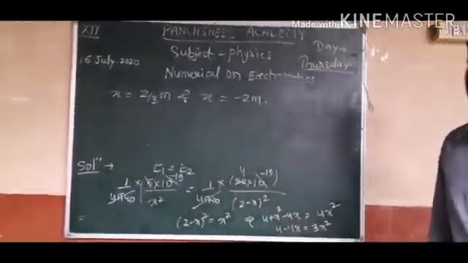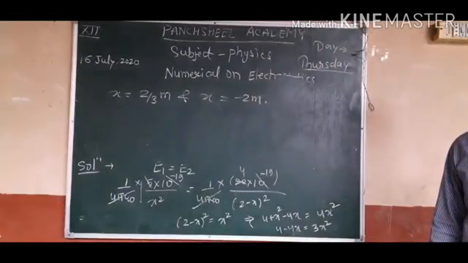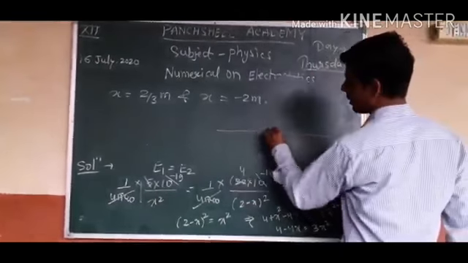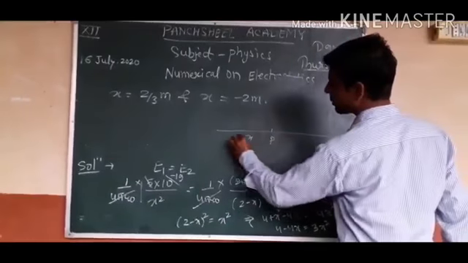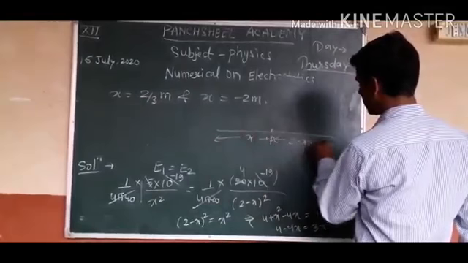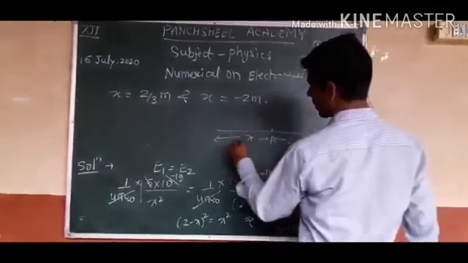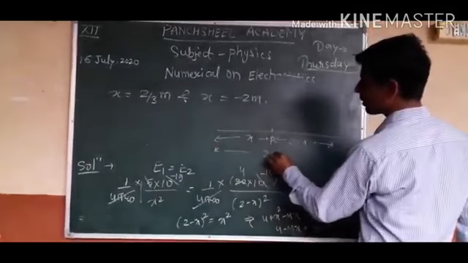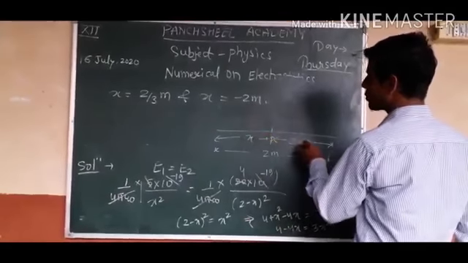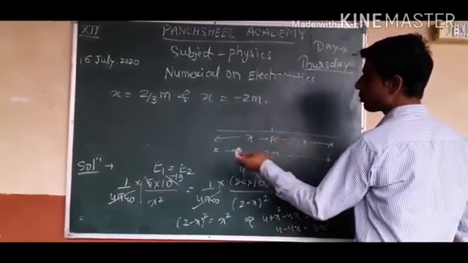So minus 2 is not possible because here point P is at x, and this is 2 minus x. Okay, and this is total 2. If x equal to minus 2, then 2 minus x means 4, so it is not possible.